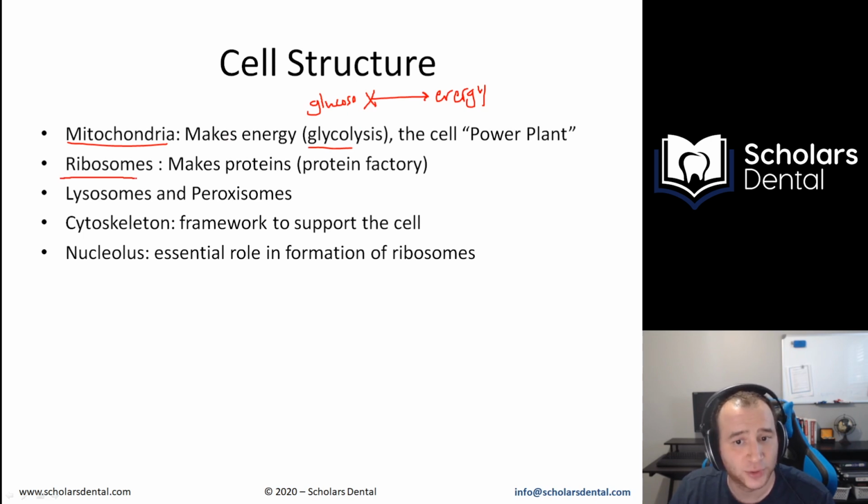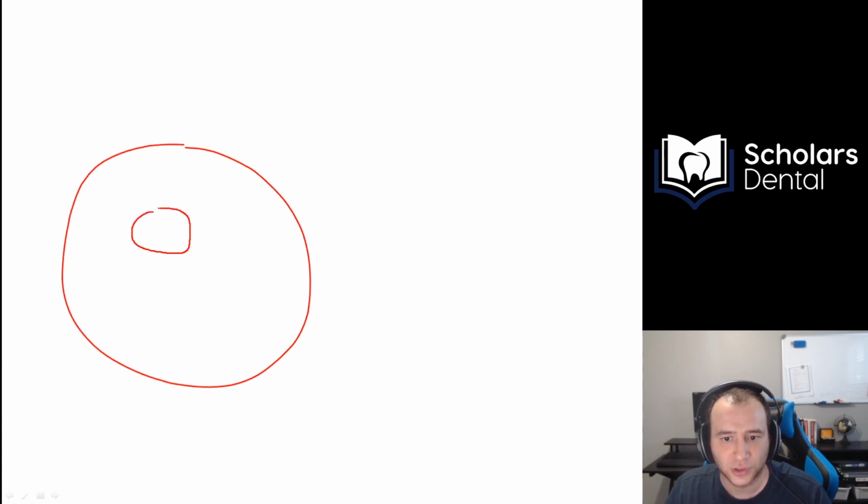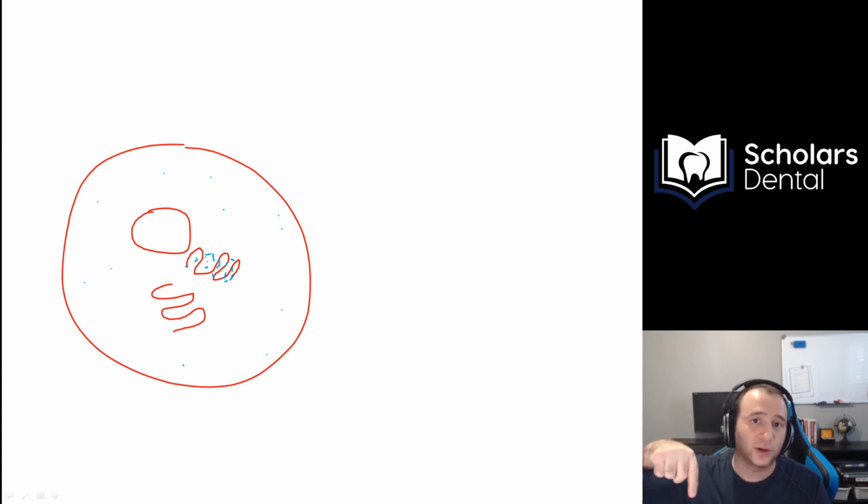We said there are ribosomes. Now, there are also ribosomes outside of the rough ER. If I draw the cell again here, and I say here's a nucleus, here's a rough ER, and here's a smooth ER, there are ribosomes on the rough ER, but there are also ribosomes floating inside the cell, not on the rough ER.